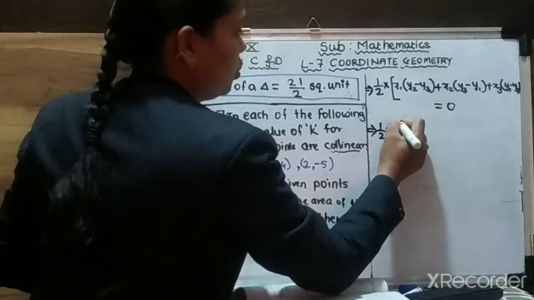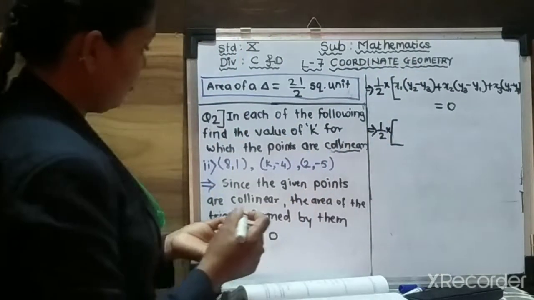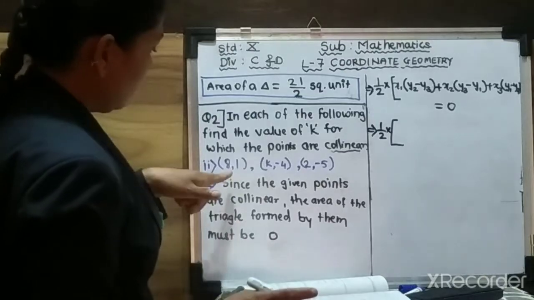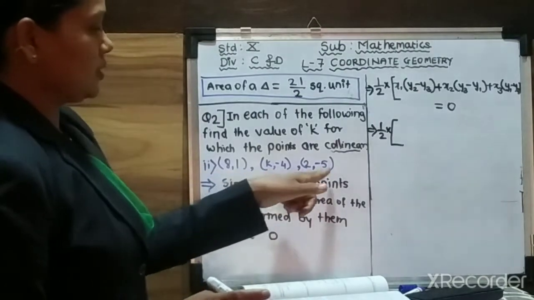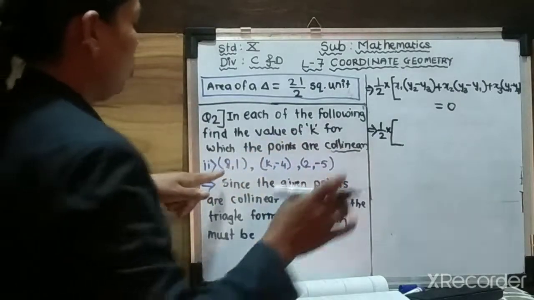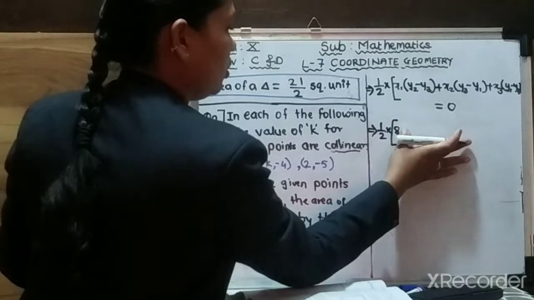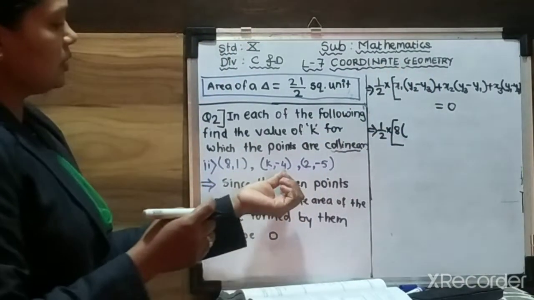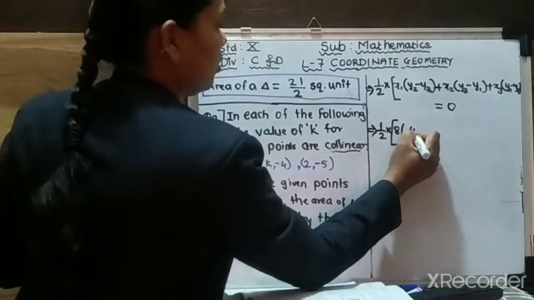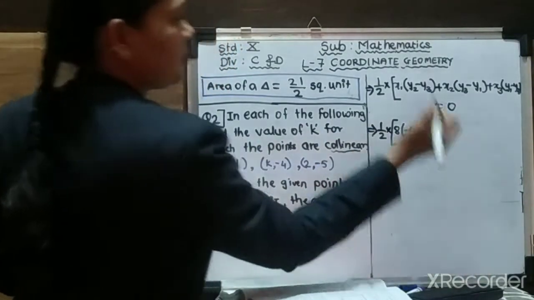So let us have this half into. So x1 we have here, this is your x1 y1, x2 y2, x3 y3, right? So x1 is our 8 multiplied by, we will put inside a bracket, y2 is minus 4 and y3 is minus 5. So minus 5, it becomes plus 5.